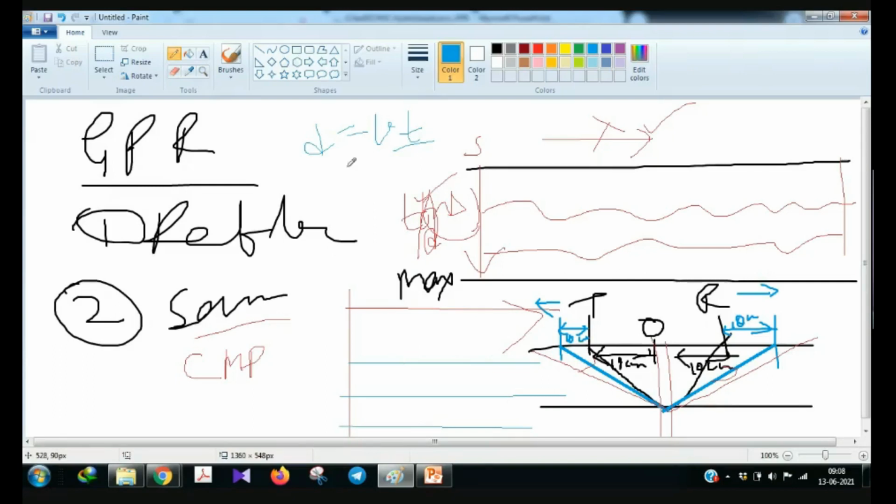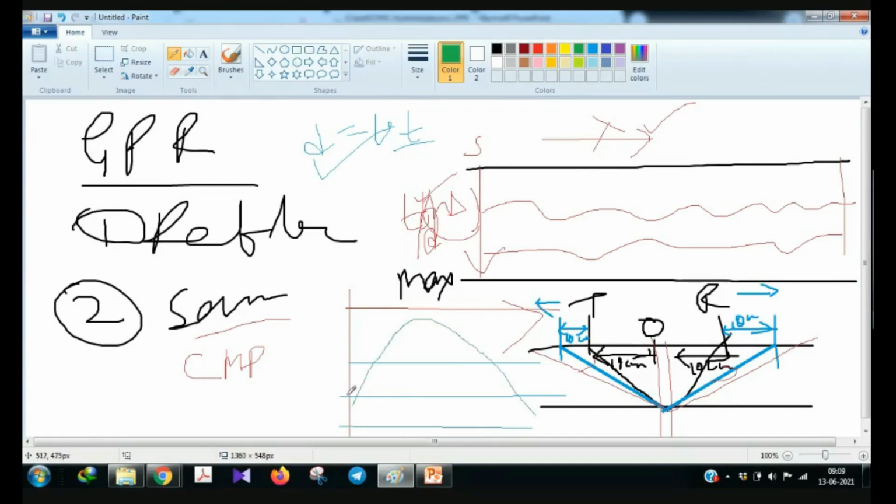After knowing the velocity, you multiply it with time, and it gives you the depth. Generally, as the antennas move away from each other, the CMP curve will look like this, if I draw a CMP curve.